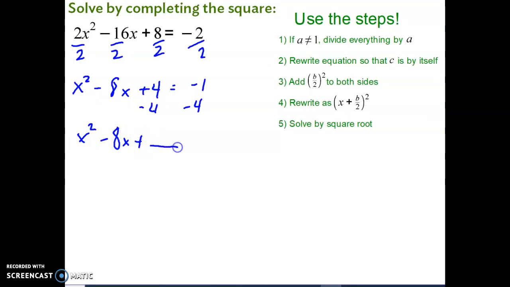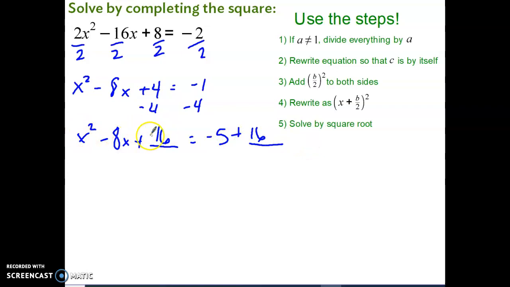I'm going to leave a blank right there, equals -5, and I'm going to put a blank on this side as well. All right, now add b over 2 squared. So that means I'm going to take half of this one, just like we did. Remember, we split it between the two boxes. Half of -8 is -4. And if I square -4, -4 times -4 is +16. And that's what's going to go in both of my blanks.